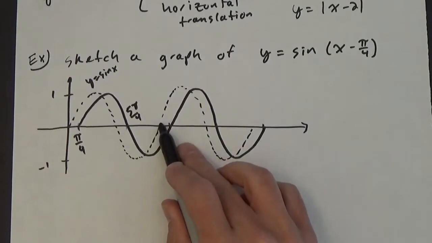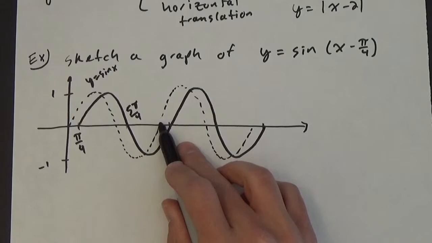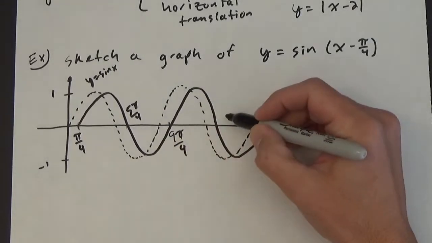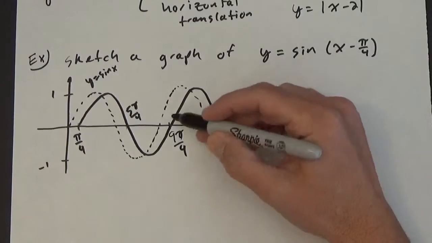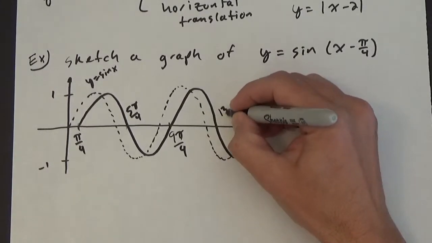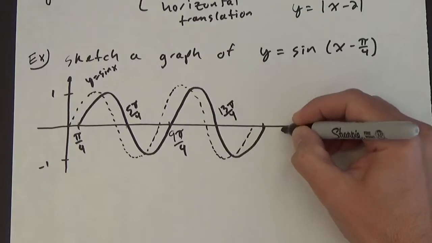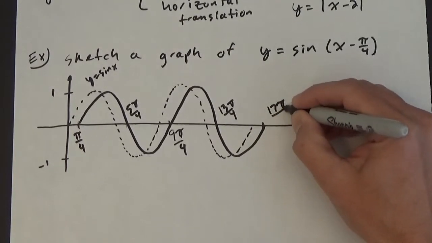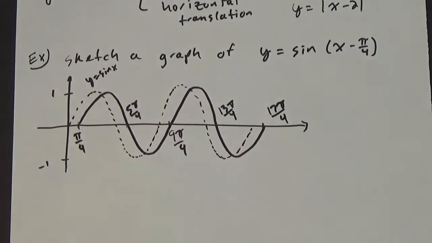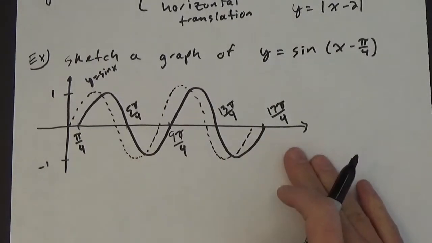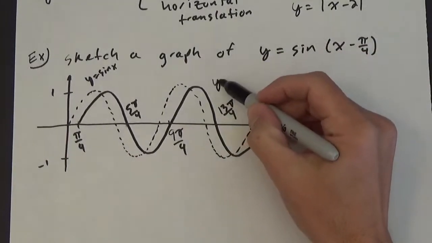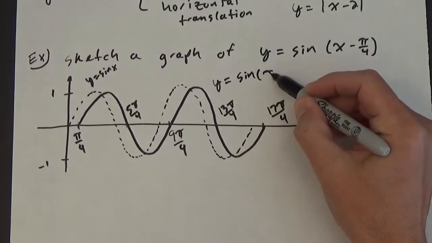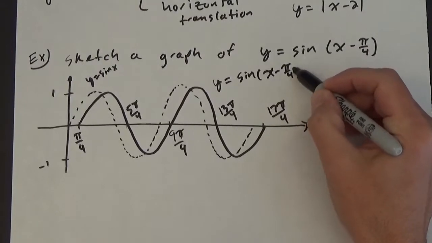This is 2 pi, so 2 pi plus pi over 4 is 9 pi over 4. This is 3 pi, so this is 13 pi over 4. And this is 4 pi, so this is 17 pi over 4. And there is a good sketch of the graph y equals the sine of x minus pi over 4.